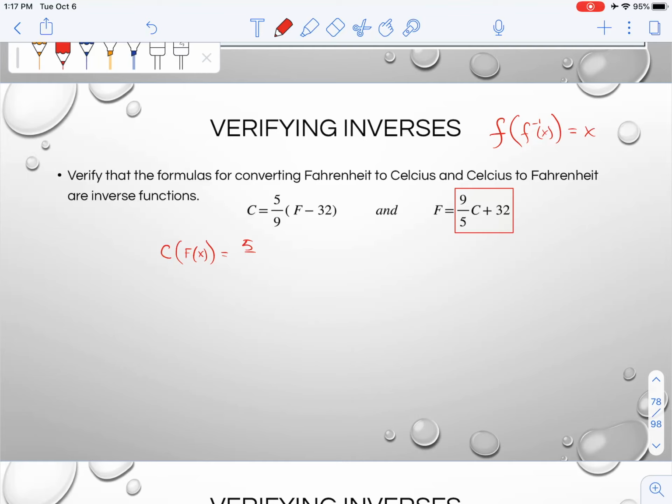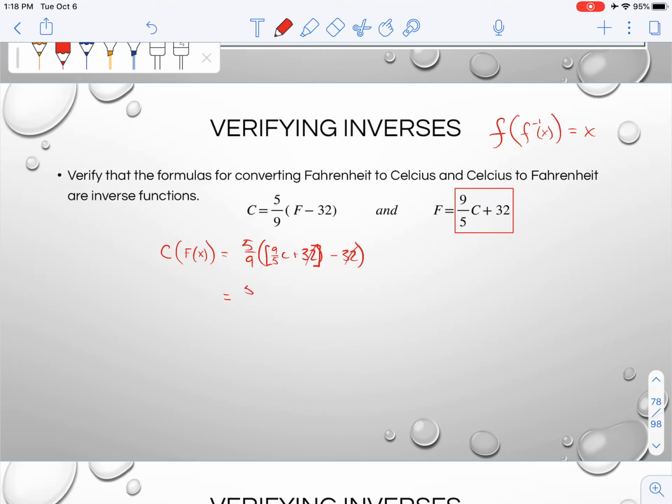So we're going to have 5/9 times, and instead of the function F, I'm going to substitute in my other function, 9/5 C plus 32, and then minus the 32, and I want to verify that I do in fact get C. So when I simplify here, inside of my parentheses, there's nothing to be distributed to the bracket, so I can combine like terms.